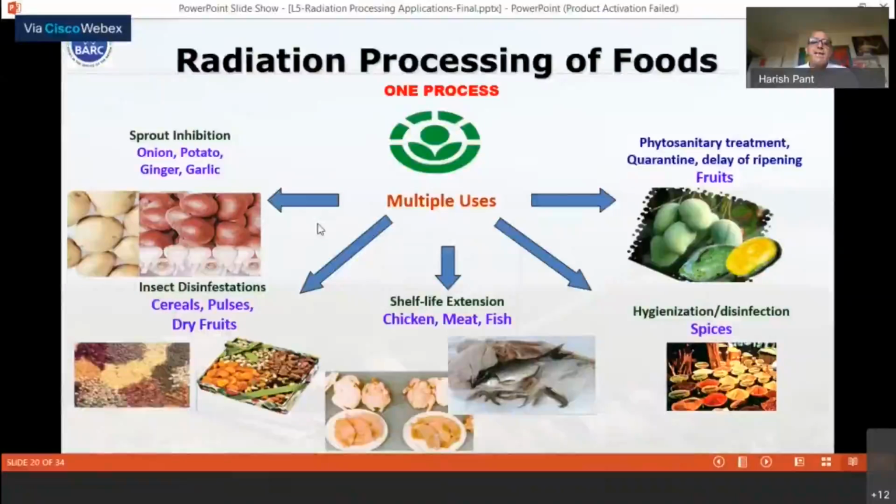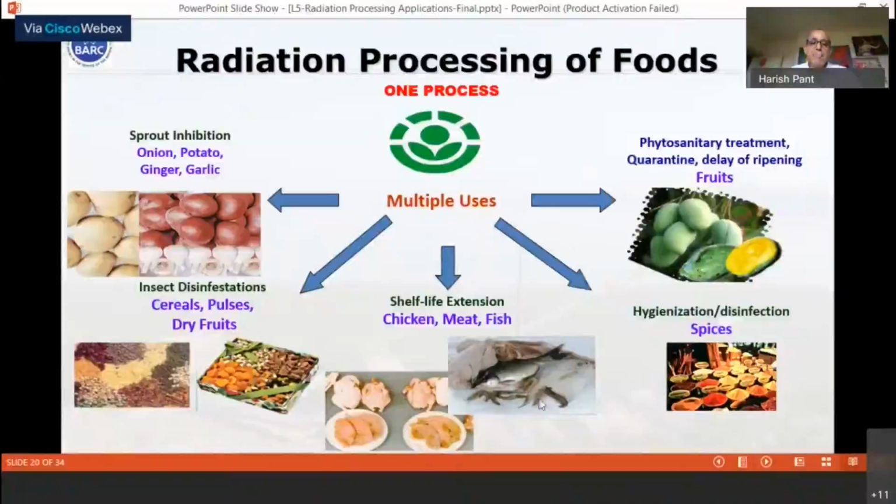You can see here they have multiple uses. There are onion, potato, garlic. The radiation is used to inhibit the sprouting of onion, potato and garlic. Then there are cereals, pulses, and dry fruits. Radiations are used for insect disinfestation.